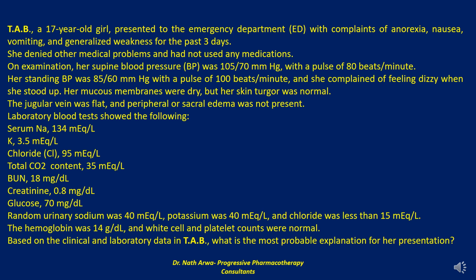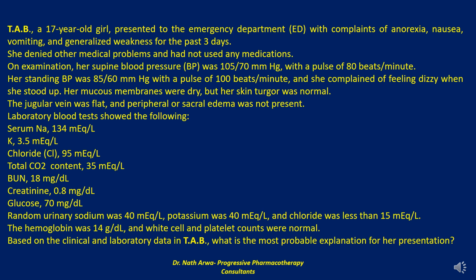Her standing blood pressure was 85 systolic 60 diastolic, with a pulse of 100 beats per minute, and she complained of feeling dizzy when she stood up. Her mucous membranes were dry, but her skin turgor was normal. The jugular vein was flat, and peripheral or sacral edema was not present.